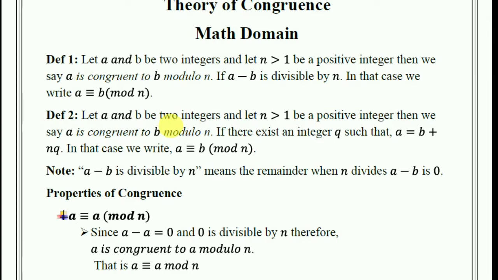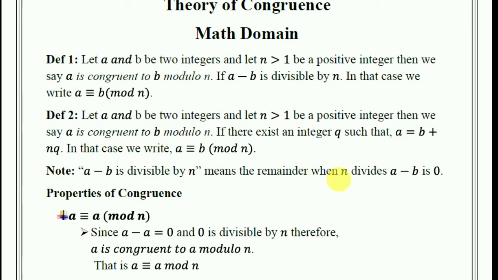So these two definitions are equivalent, means one can be replaced by other. Here the divisibility that I have mentioned in definition 1, divisible by n, means a minus b is divisible by n, means the remainder is 0, means it will completely divide a minus b.